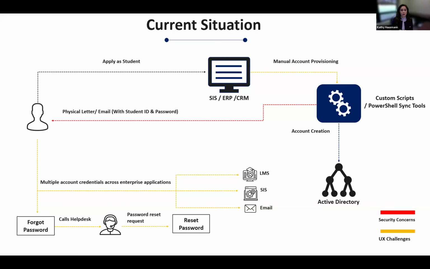But as I said, we're now going to a new system. So we're trying to figure out what's the best way to provision accounts. And then we've never really considered deprovisioning accounts, and we know we should. So that's also going to be a phase in this discussion that we haven't done before.